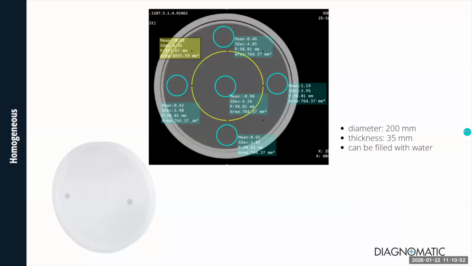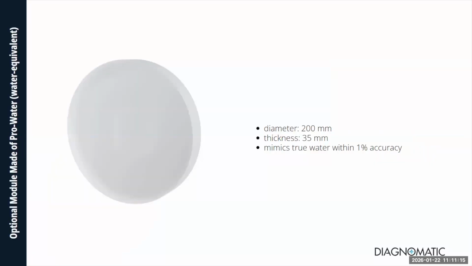I think it's a big advantage of our solution compared to the competition. Probably the medical physicists will be happier to have this. Maybe it's an old-fashioned way, but more reliable and desired.